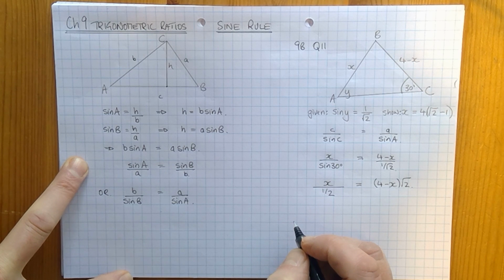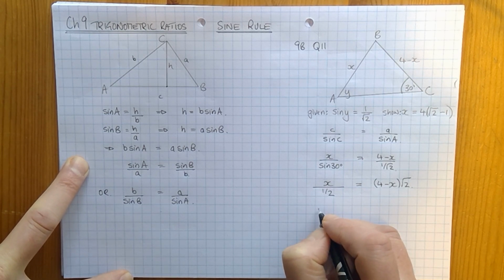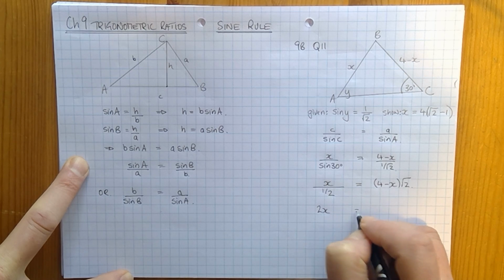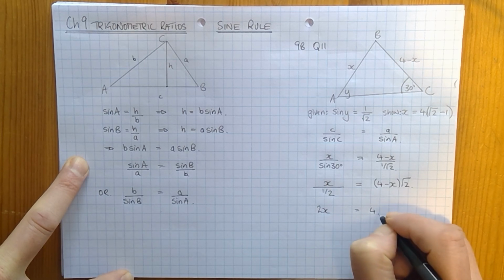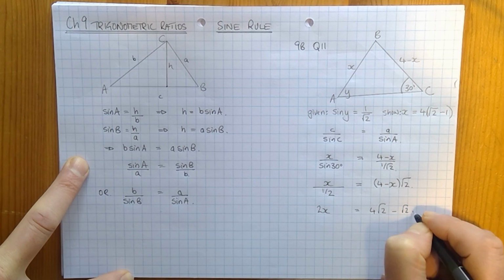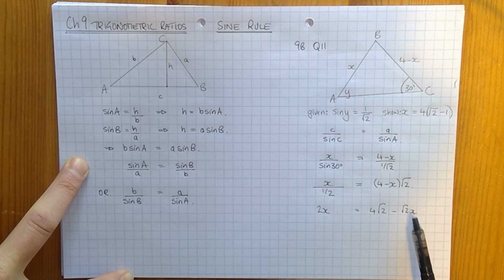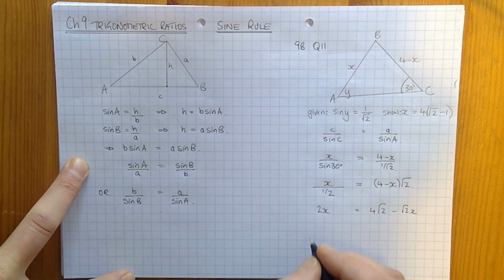Right, we just need to sort this out a little bit. Divided by half, the same as multiplying by 2, so that's 2x equals 4 root 2 minus root 2 times x. I want to show that x is this thing, so I'm going to move all my x's onto the same side.